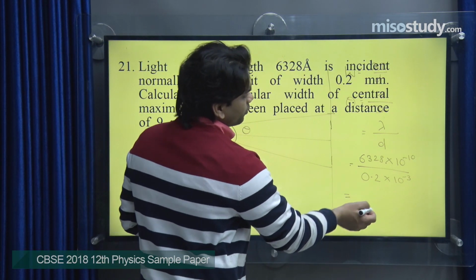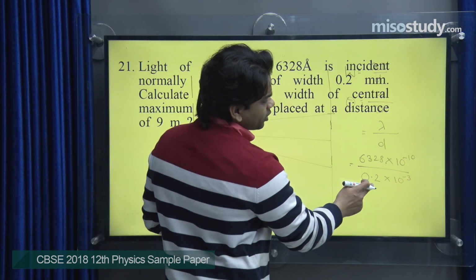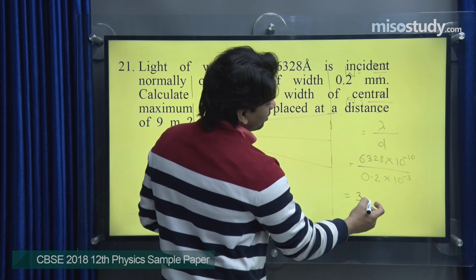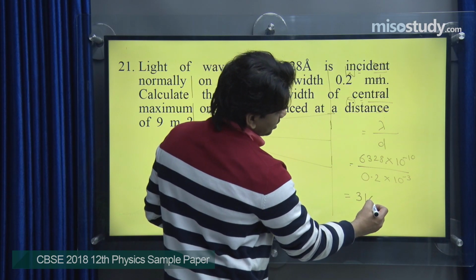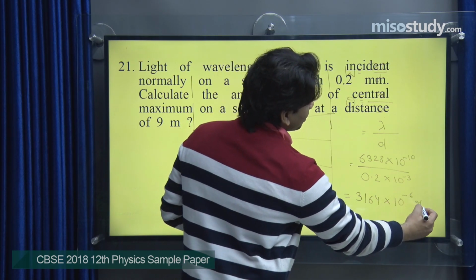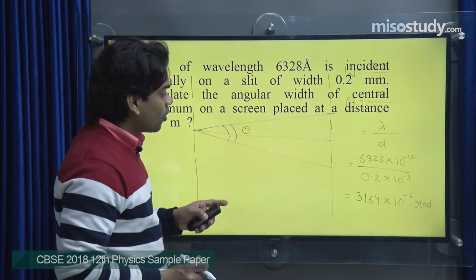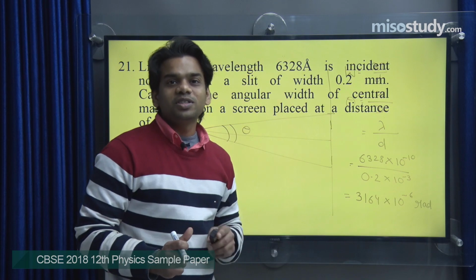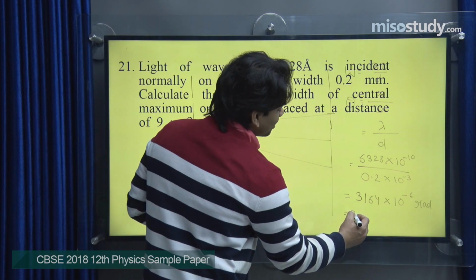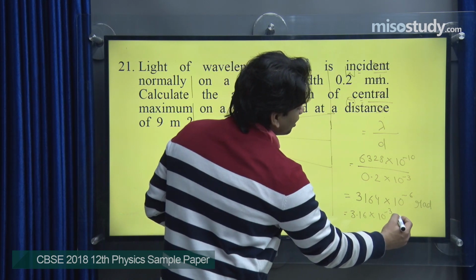If you evaluate it, you will get 3164 into 10 to the power minus 6 radians. This will be the value of the angular width of the central maxima, or you can write this as 3.16 into 10 to the power minus 3 radians.